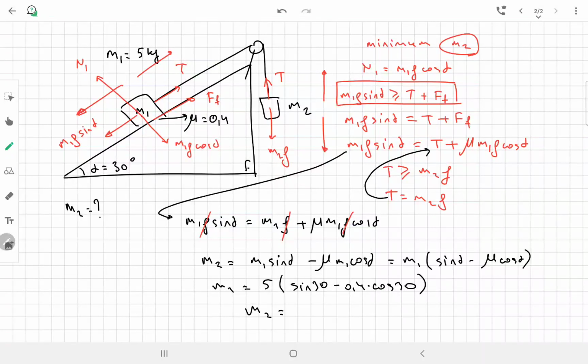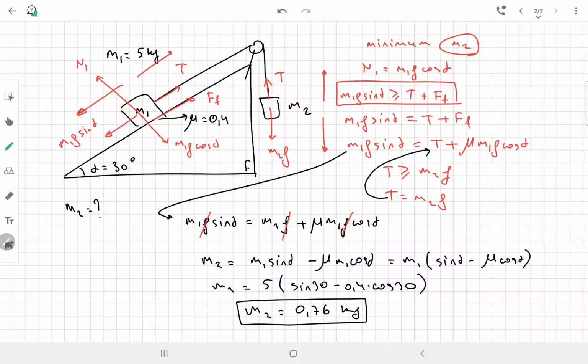So answer is 0.76, yes? 0.76 kilograms approximately. So if we have this mass, it is enough to keep it at rest, basically. If you have a smaller mass, let's say 0.75, then it will move upward.